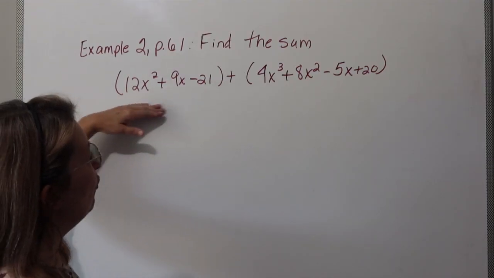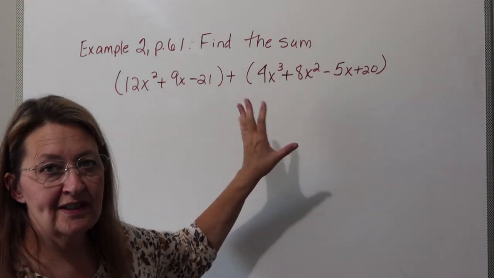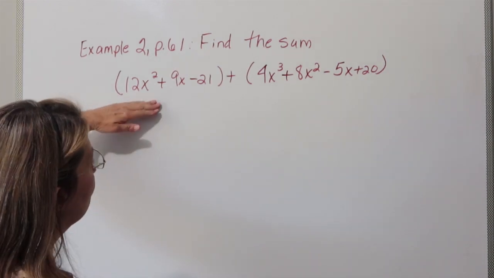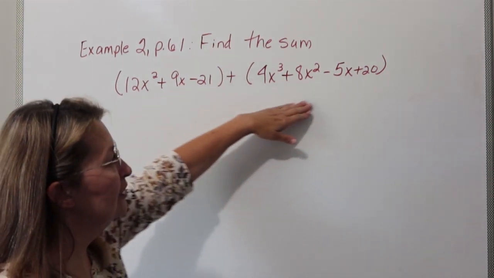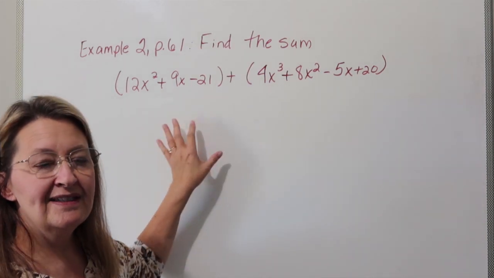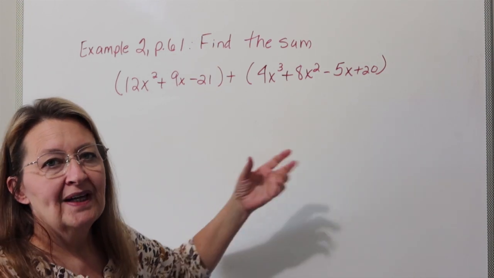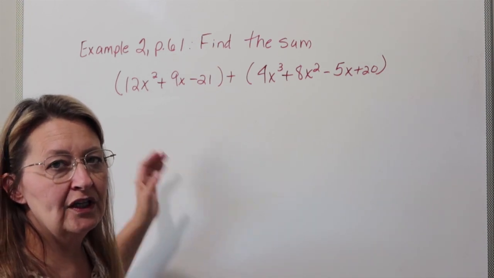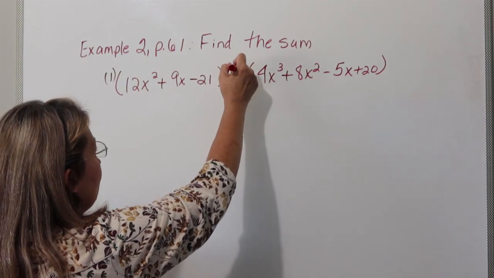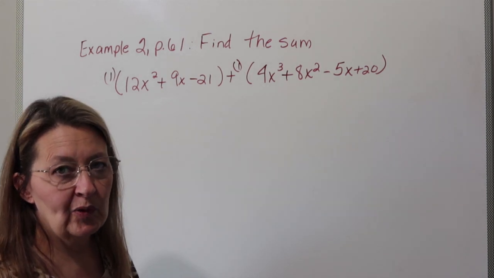You cannot perform any of the operation or the simplification inside the parentheses. That's the first thing you want to check for according to PEMDAS. So there's nothing I can add together here, and there's nothing I can combine in this. So we're left with it as it is. Now, since everything is added together, technically what you're doing is you are distributing the 1 that's outside of here into the set of parentheses so that you can drop the parentheses.